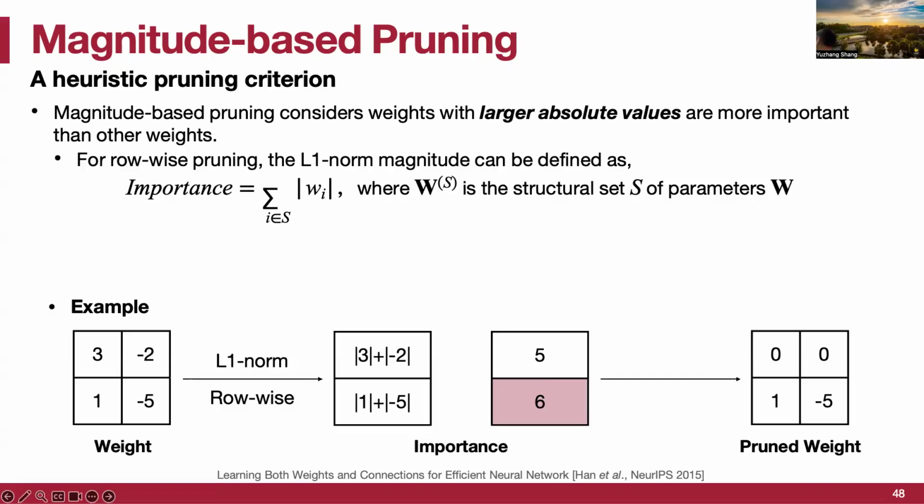Because we hope to get only 15% sparsity, we just prune the first vector out, making those two elements 0, and only keeping the second row. This is how we use the magnitude-based pruning method for structured pruning.